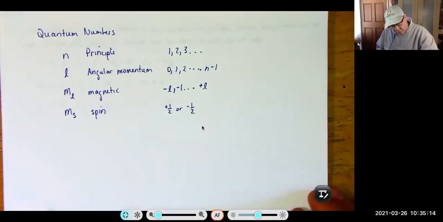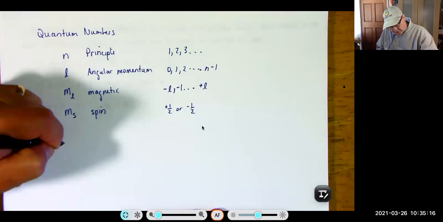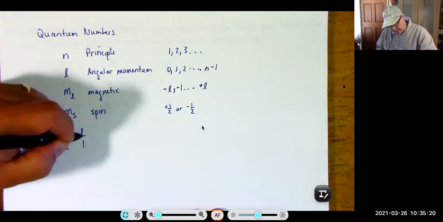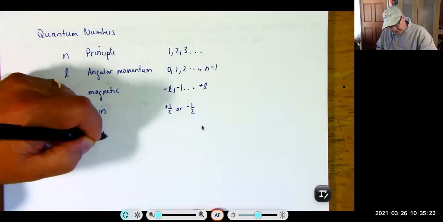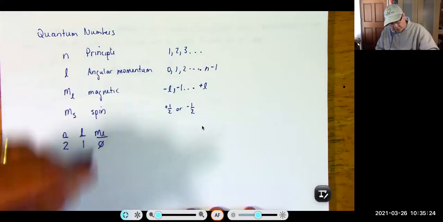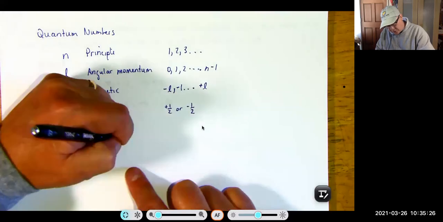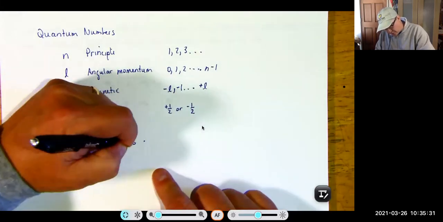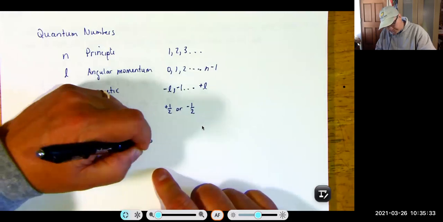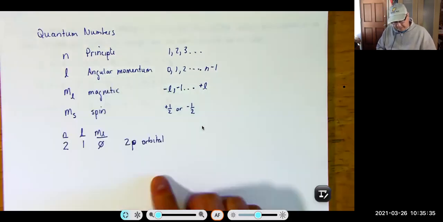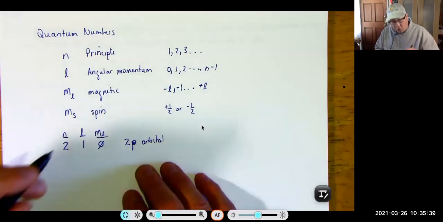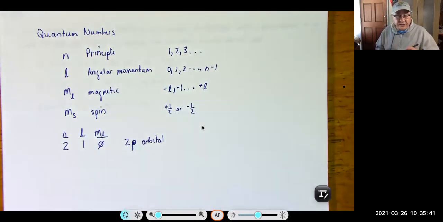So do you remember before we were talking about a 2, 1, and M sub L maybe a 0. This is an orbital. This is a 2s, or excuse me, a 2p orbital. For this orbital, there are two sets of quantum numbers.